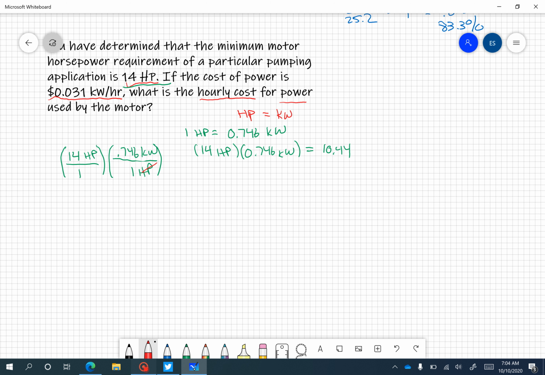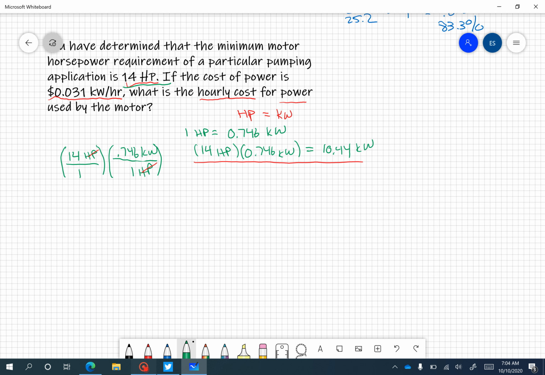And then of course our units would cancel out, and we wind up with an equation that looks like this. So we know how many kilowatts we need. 10.44 kilowatts.